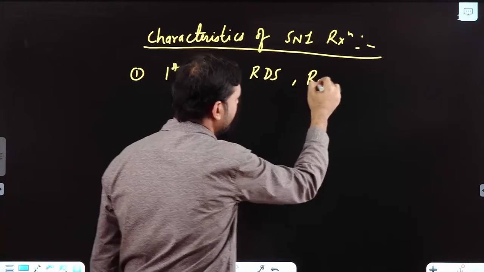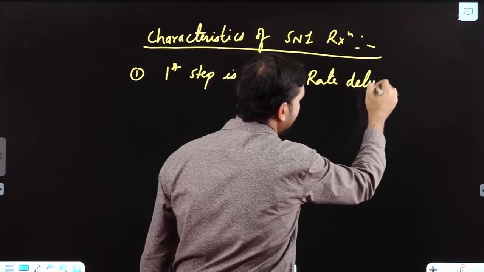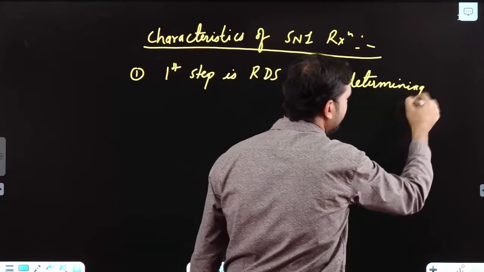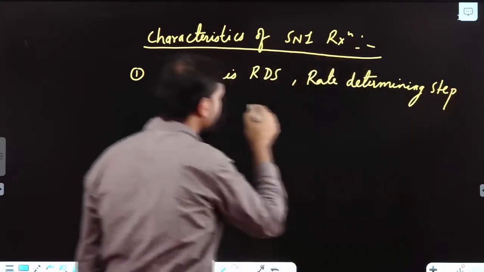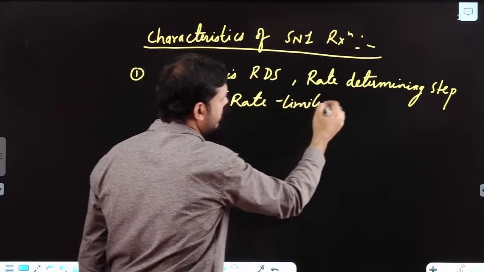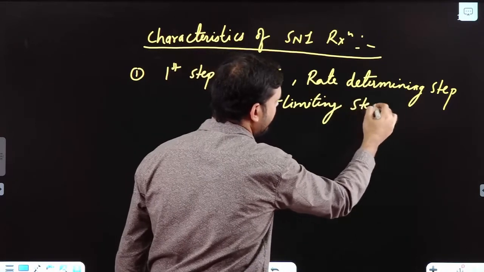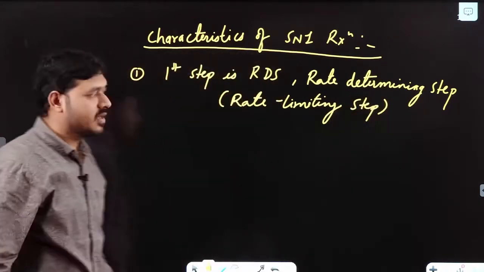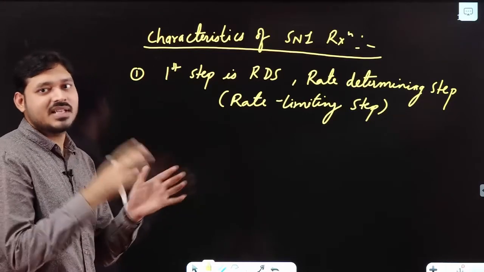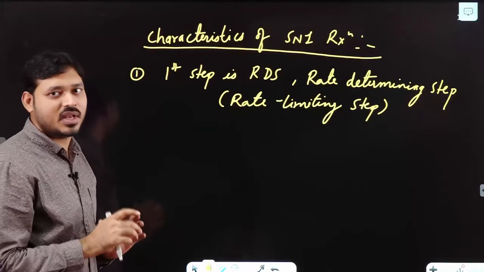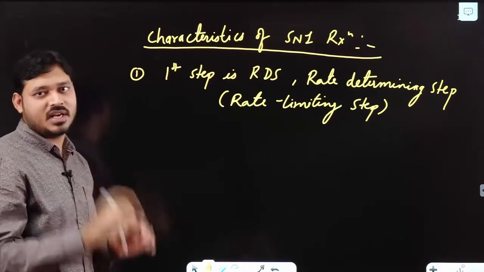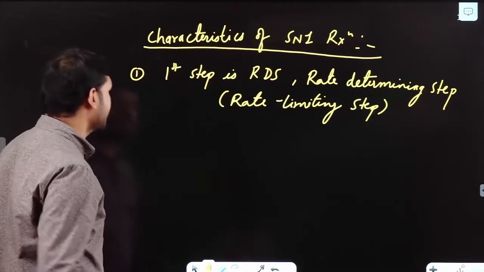RDS means rate determining step, or it is also known as rate limiting step. Rate limiting step means that particular reaction step will decide the rate of the entire reaction. Based on that particular step only, the rate of all the steps will be determined. Clear? That will be the slowest step of the reaction.